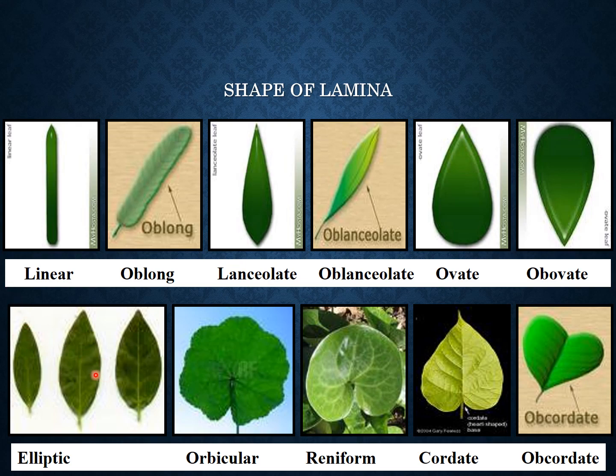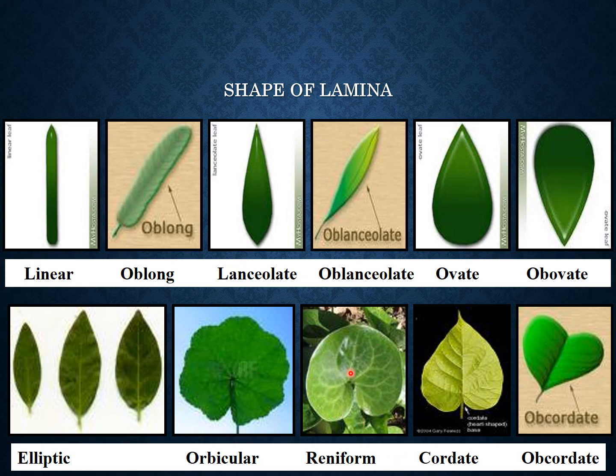So when the broadest portion is present in the middle of the lamina, the shape is called elliptic. Orbicular: length and breadth almost equal, and the outline of the lamina almost circular in shape is called orbicular.